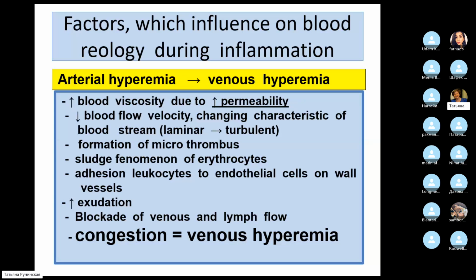And we know if the blood flow velocity decreases, viscosity must be increased. The increase of viscosity will be due to increased fibrinogen in blood and a lot of microthrombus due to activation of the clotting system.